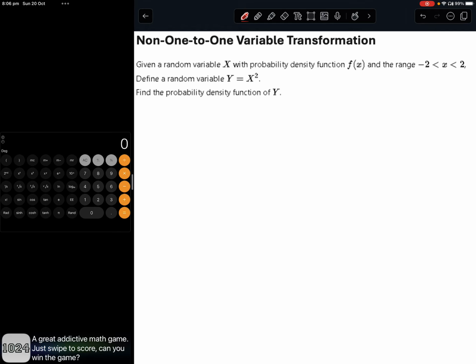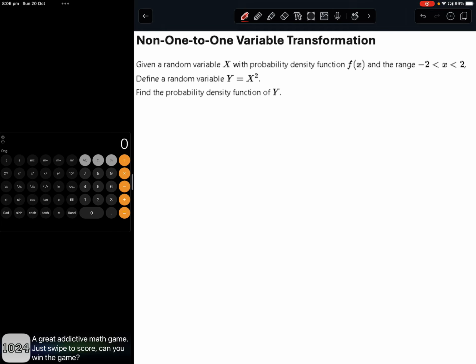Here is the problem. X has a probability density function, which we will call f of x, and the range of x is between -2 and +2.